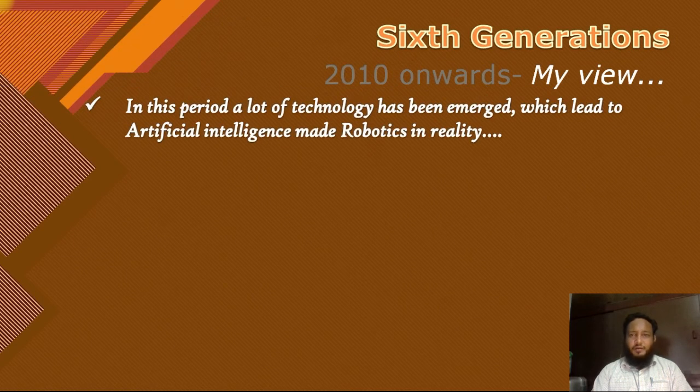The sixth generation, in my view, is 2010 onwards. In this period, a lot of technology has emerged which led to artificial intelligence making robotics a reality. Recently, we had news of a restaurant not operated by any human being, where all the robots are operating the restaurant.